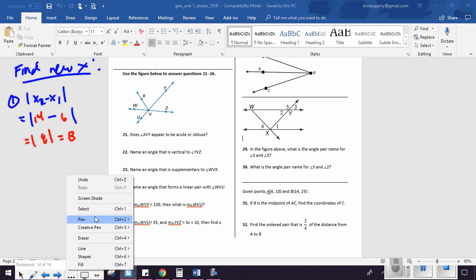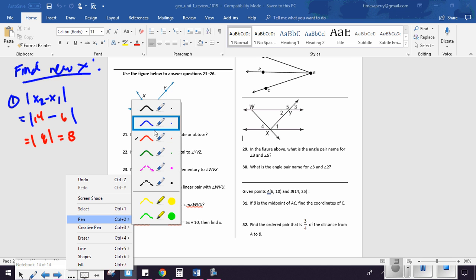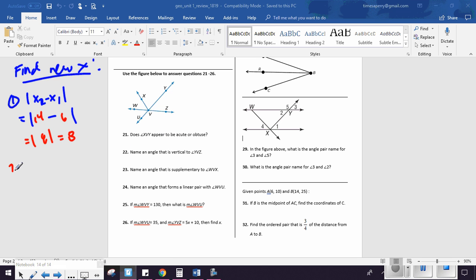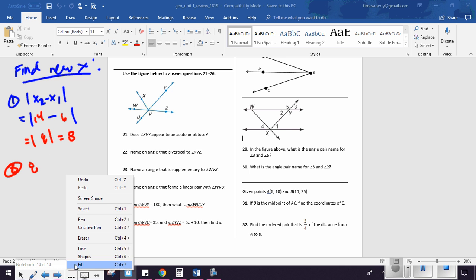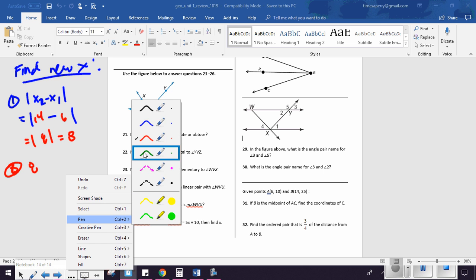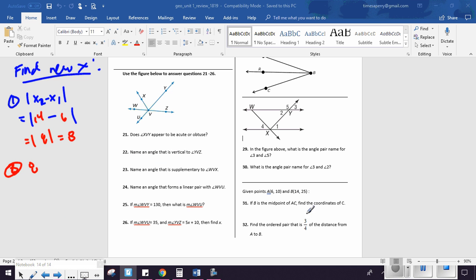Once you have that total distance, that's step 2. Take the total distance and multiply it with the provided fraction, which is 3/4. So put 8 over 1 and multiply. So you're going to get 24 over 4, which is 6.